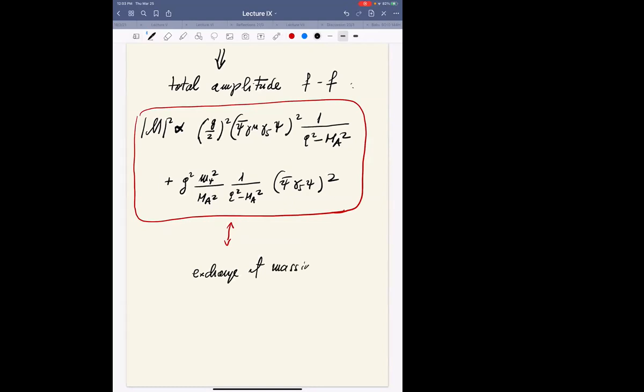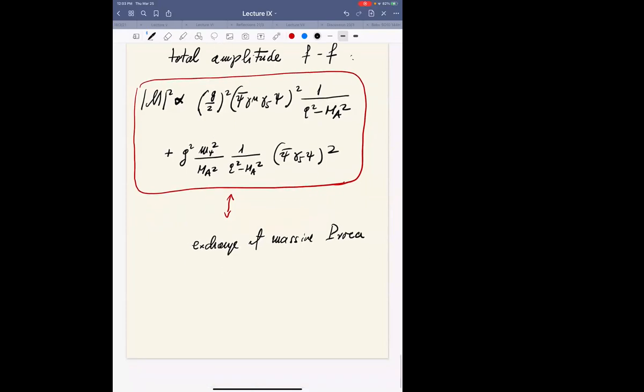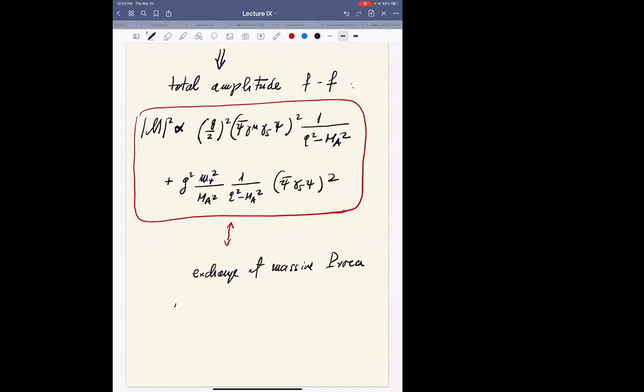At tree level, they must agree. I can do the calculation of the massive Proca field with a propagator delta mu nu, proportional, just for you to see, to q squared minus ma squared, as you know, and then g mu nu. That will give me the piece number 1.